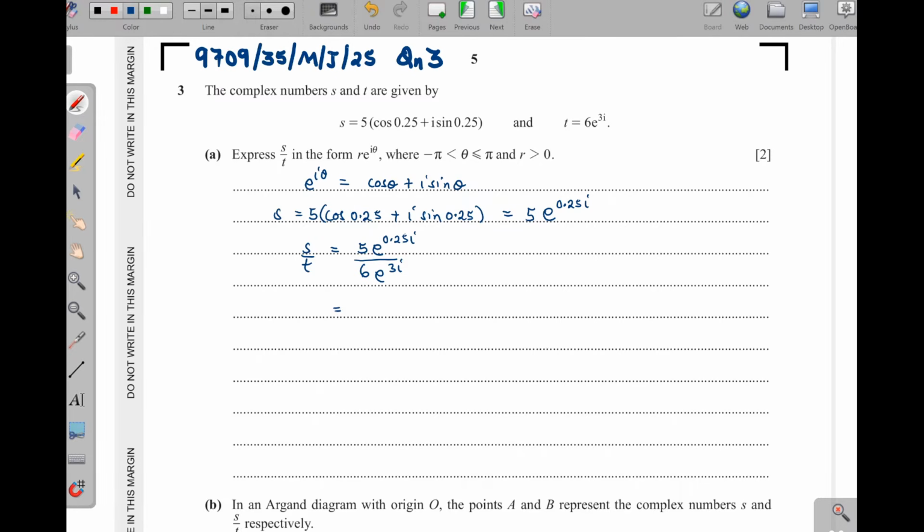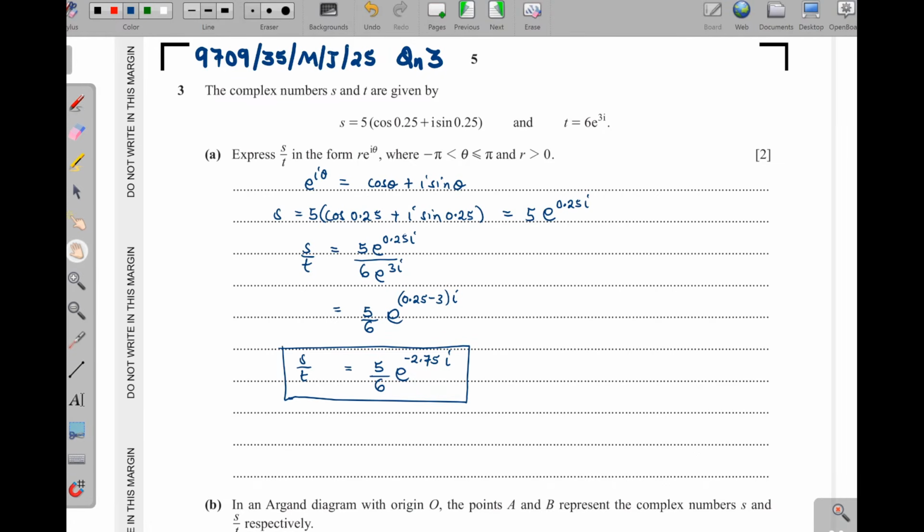So using rules of indices, 5 will divide by the 6 here, and for e, we subtract the powers: 0.25 minus 3. So this one becomes 5 over 6 e to the power of negative 2.75 i. That is our s over t. As simple as that.